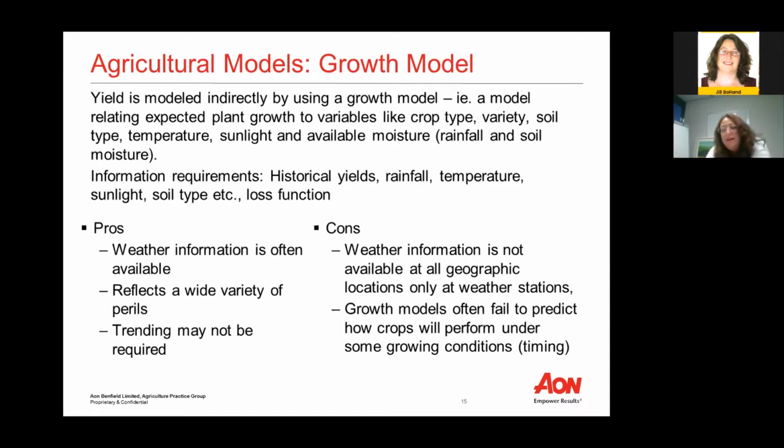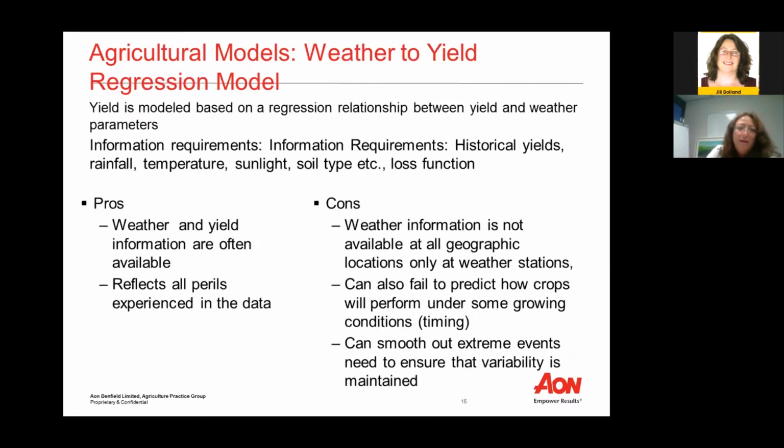And the other thing is that you need to know very accurately when the crops are planted and what the growth stage is, because the requirements for crops differ depending on the growth stage. So you need to know when the crop goes in the ground as well.